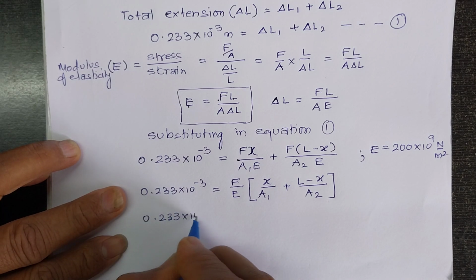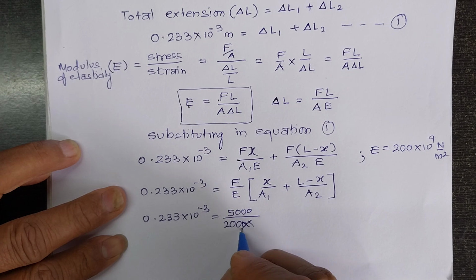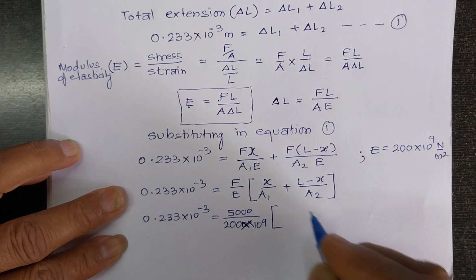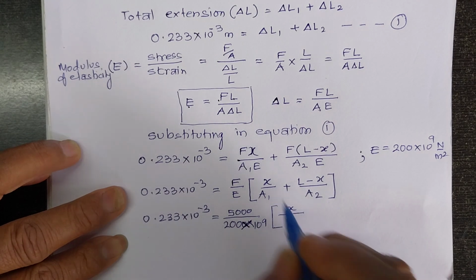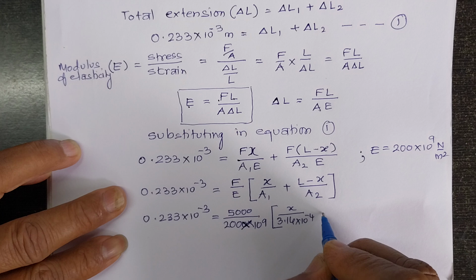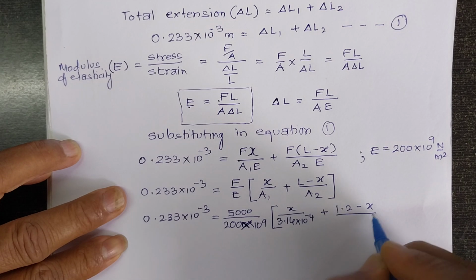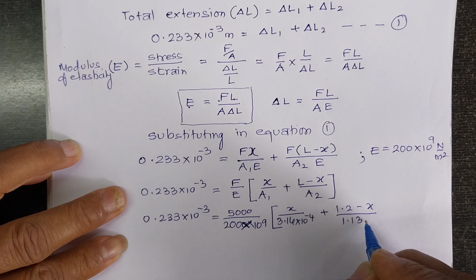0.233 into 10 raised to minus 3 is equal to 5000, that is the value of force, divided by 200 into 10 raised to 9, and we have X upon the area A1, which is 3.14 into 10 raised to minus 4, plus L, which we know is 1.2, minus X divided by 1.13 into 10 raised to minus 4.